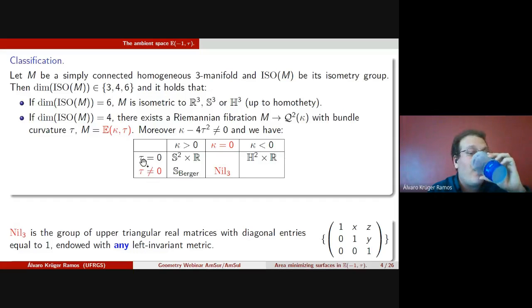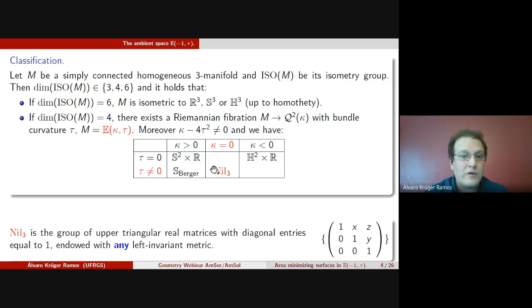You just change tau for that matter. You don't call the Berger spheres SU2 because not every metric in SU2 is an E kappa tau space, but you can call Nil3 an E0 tau space because every left invariant metric on it has a 4-dimensional isometry group.